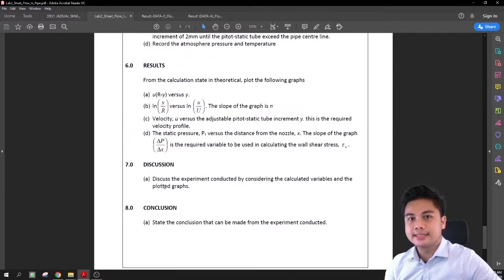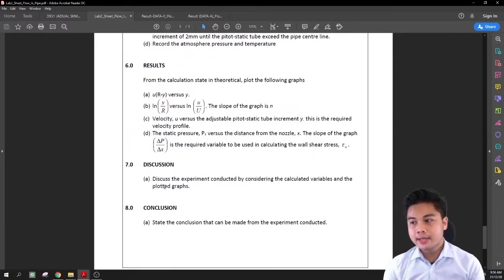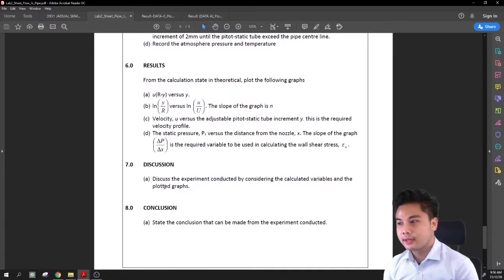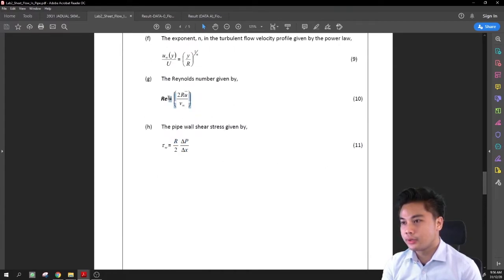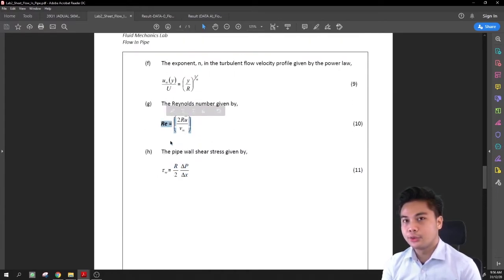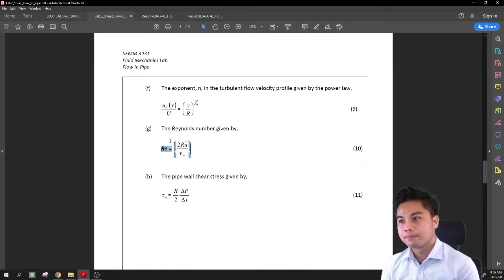And discuss the experiment conducted by considering the variables that you have calculated before. In this part, you calculate this one and this one. You need to explain about the Reynolds number: is it turbulent or laminar flow? And then explain in detail.